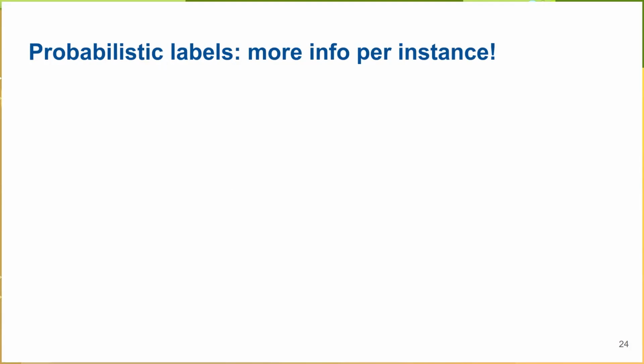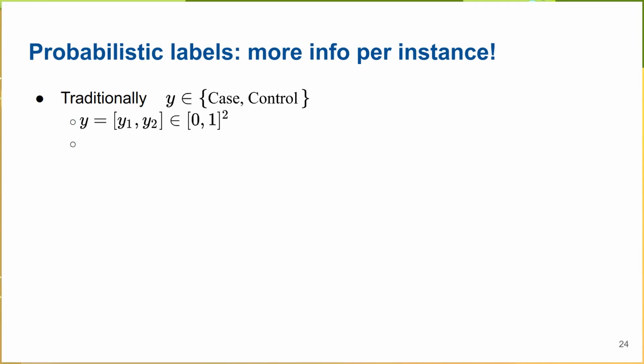So the idea that we proposed is to use probabilistic labels and then give more information per every instance. If you are unable to collect more data, then give more information per every piece of data that you have. So traditionally, Y is going to be the case and control, 0 or 1.